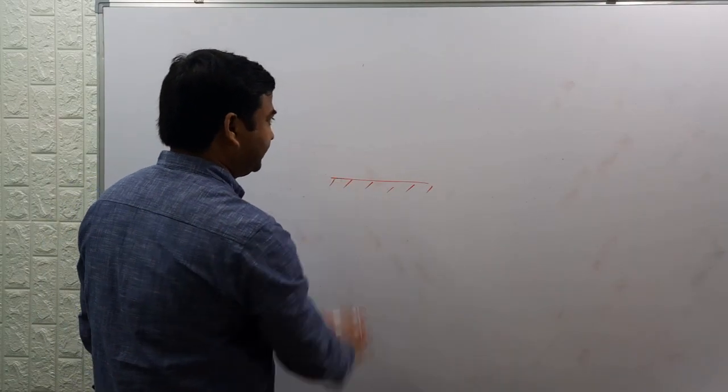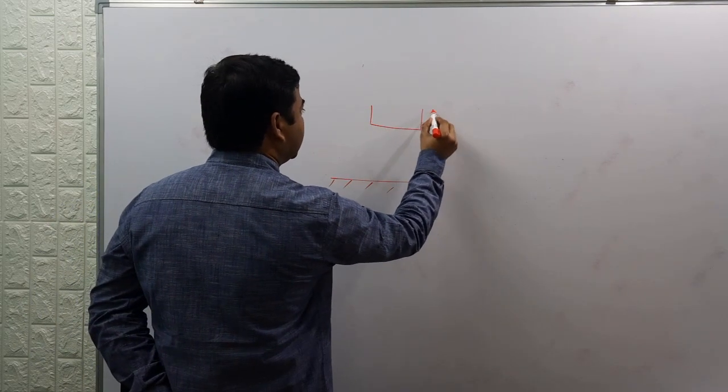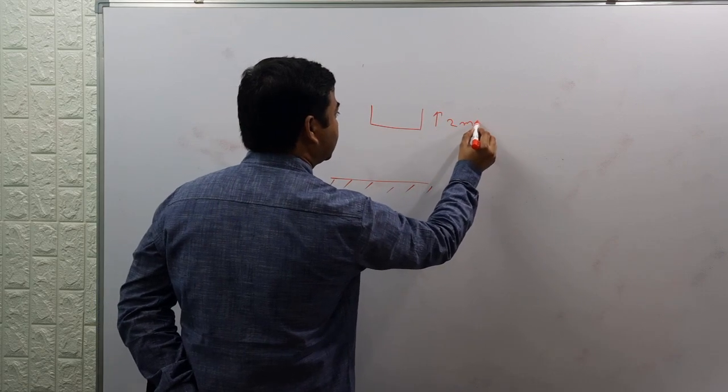So this is the ground, and a lift is moving with velocity 2 meters per second upward.